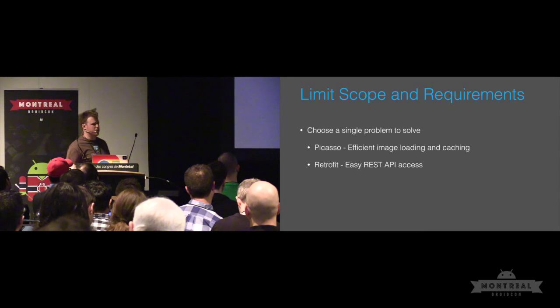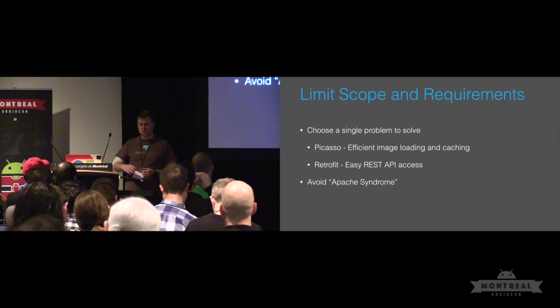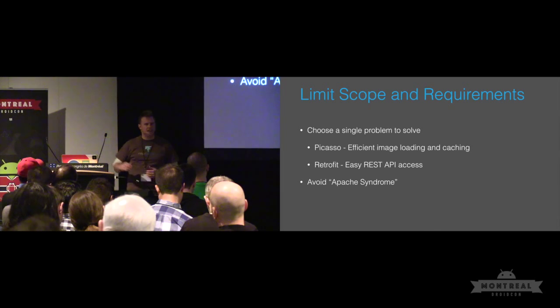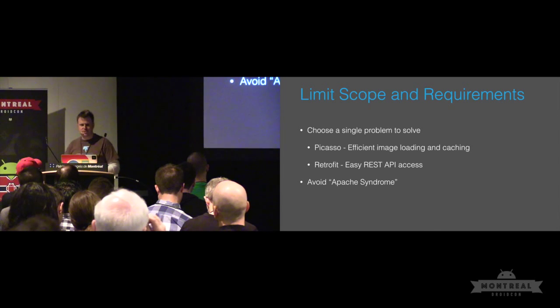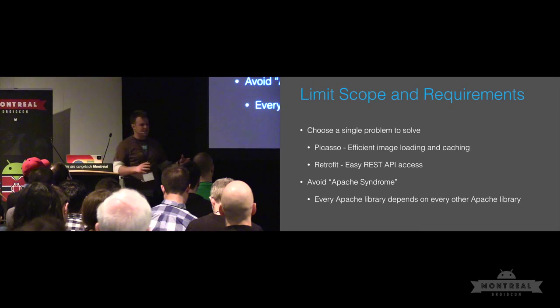One thing to be said here, which I think seems to be less of an issue than it used to be, is to avoid Apache syndrome. If anybody worked in the J2EE days in Java, you'd use Apache libraries, and the problem was that every Apache library depends on every other Apache library.